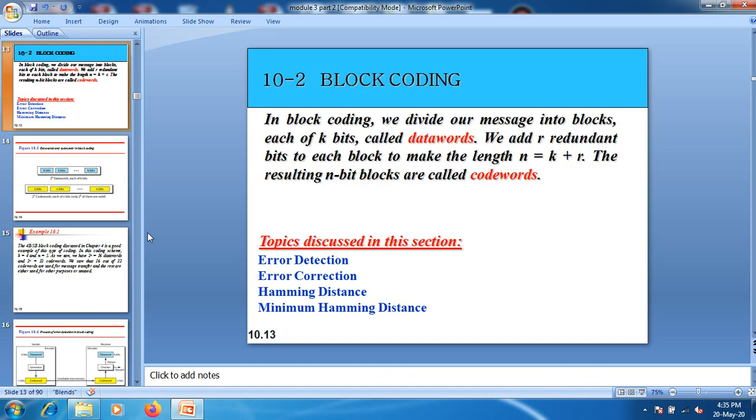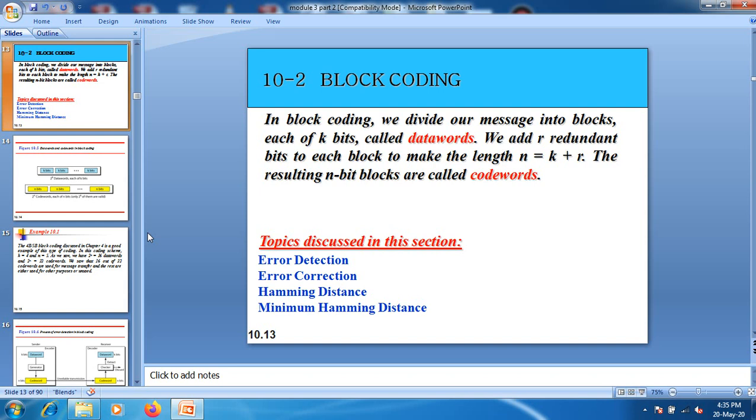The next one, we have block coding. In block coding, we divide our message into blocks, each of k bits, called a data word, and here we add r redundant bits to each block to make the length n, that is n equal to k plus r. n is greater than k here.